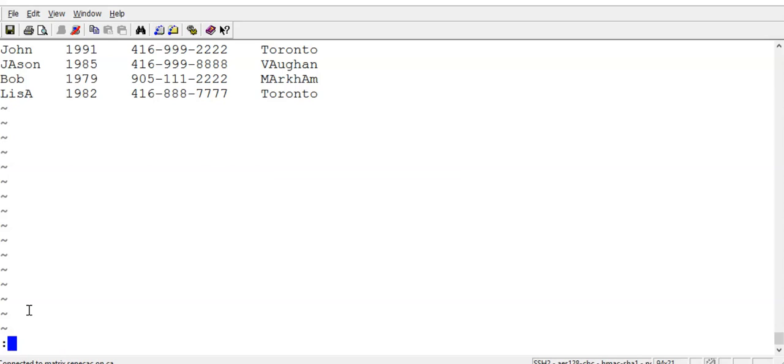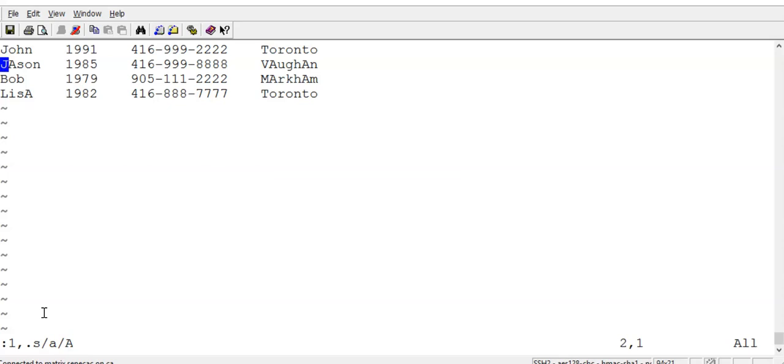And you can also say that I want to substitute from line number 1 to the current. So any line number, comma, and a dot says from that line to where I am right now. And then you will do your substitution.